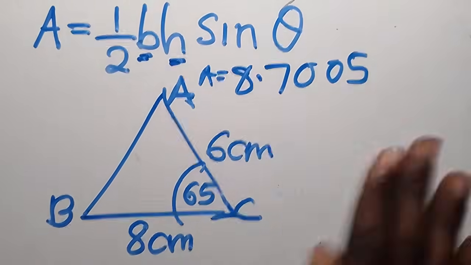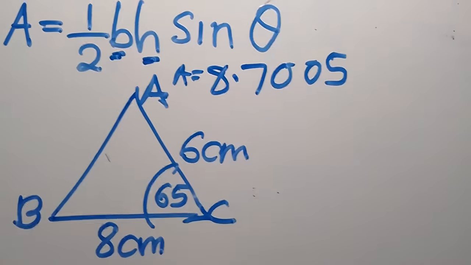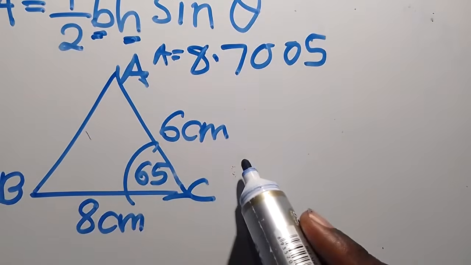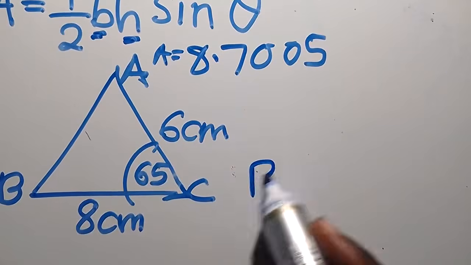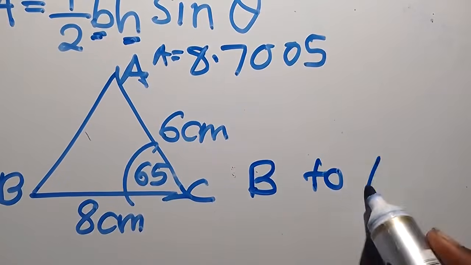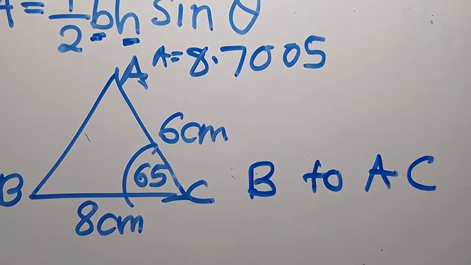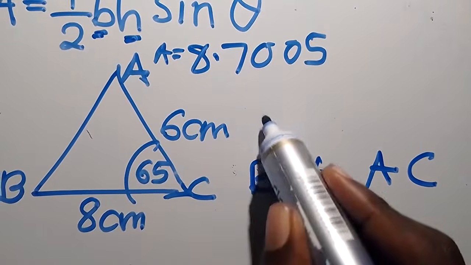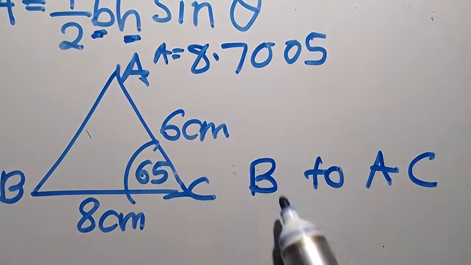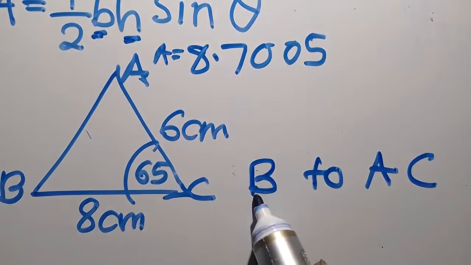So you are told to find the shortest distance from B to AC. This is the question, and it always comes in this manner. How can we find the shortest distance from B to AC?